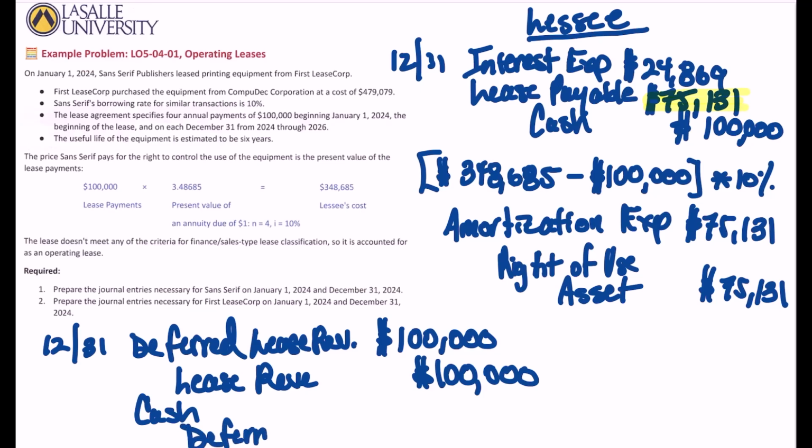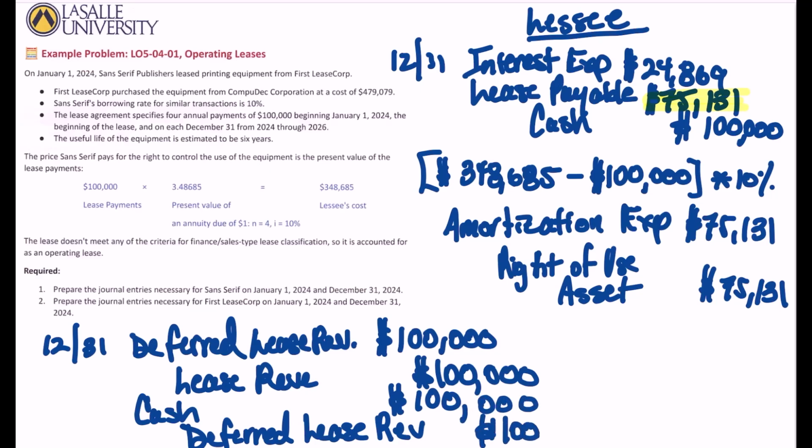So we're recognizing the revenue from the payment made on January 1st, and we're deferring the $100,000 that was paid on December 31st. Okay, so kind of an in and out here, recognizing the January 1st revenue, recording deferred lease revenue for the December 31st cash payment.